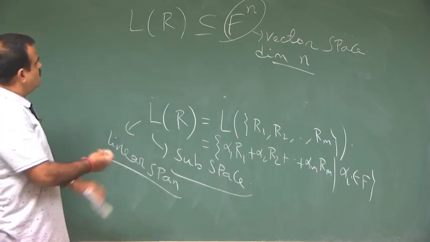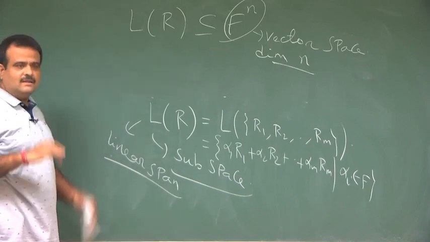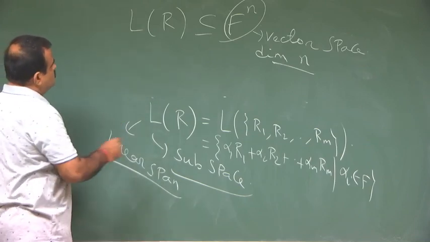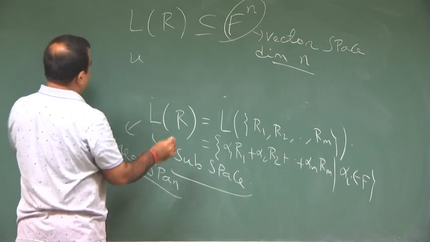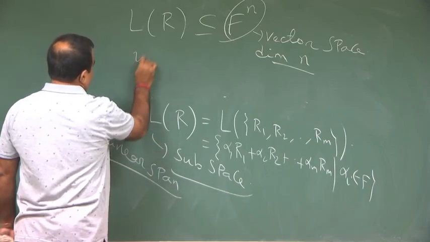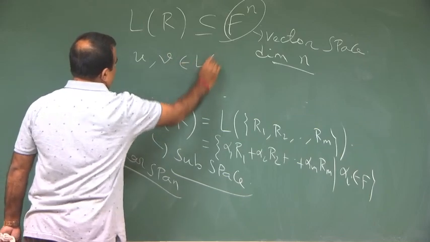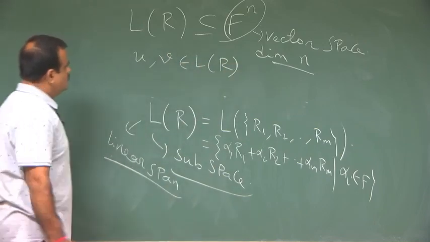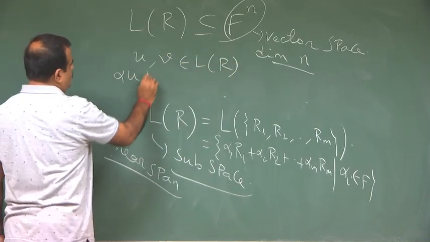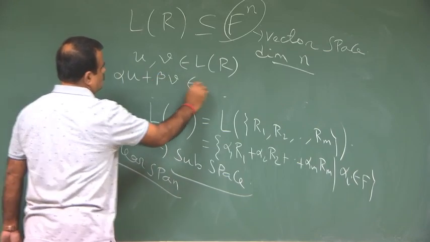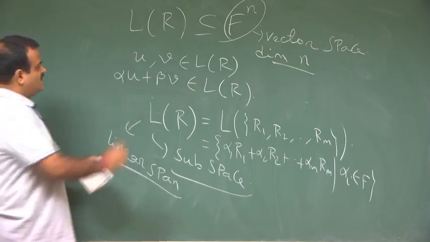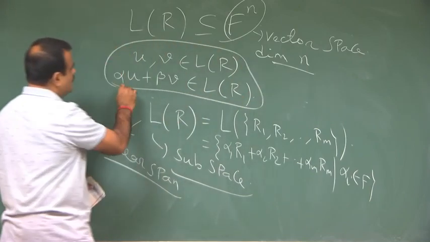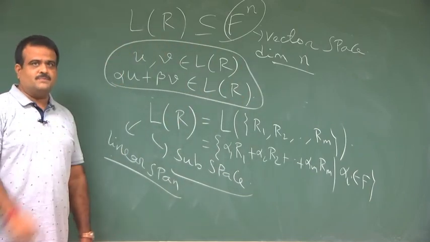We need to take two elements from here, say two vectors u and v, and we need to show that alpha u plus beta v also belongs to this. This is a necessary and sufficient condition for a subset to be a subspace.